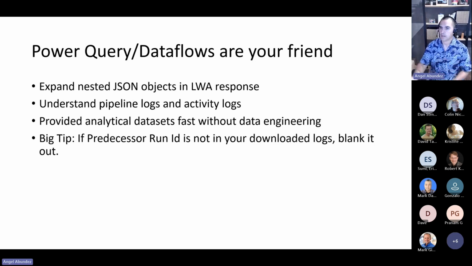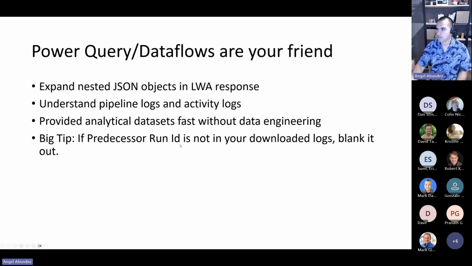One big tip, and this probably won't make a lot of sense unless you try to download this data yourself: in order to get that path function to work, you have to make sure that every predecessor run ID has a parent run ID. It's possible to bring in a record that has a predecessor run ID that does not exist in your run ID column, because of how we pull the logs and limit the time range, so you could end up with some orphan child pipelines.